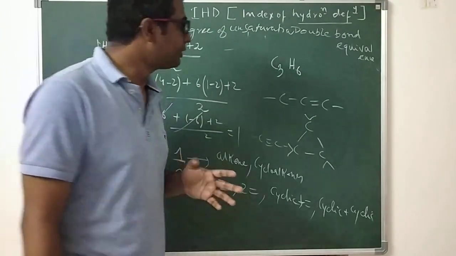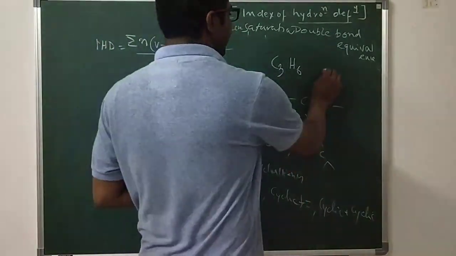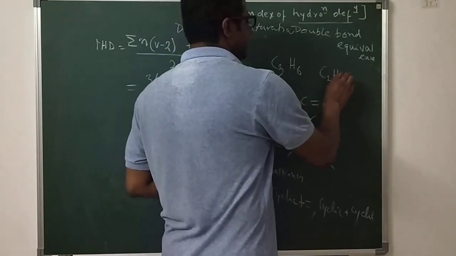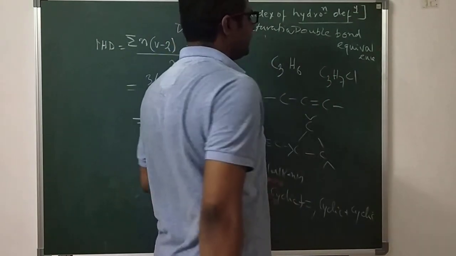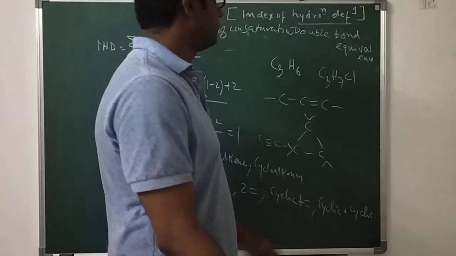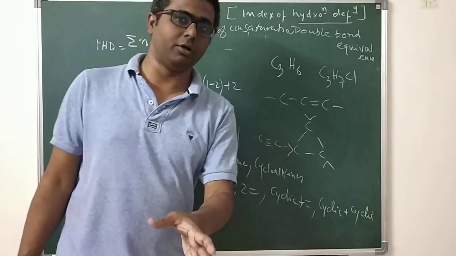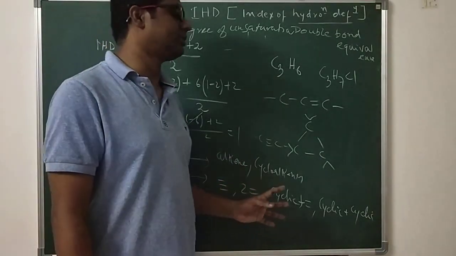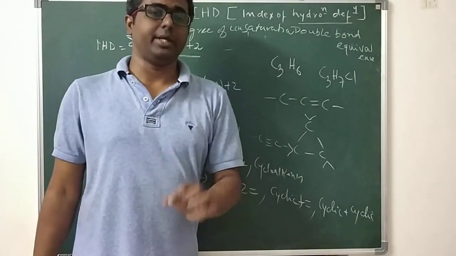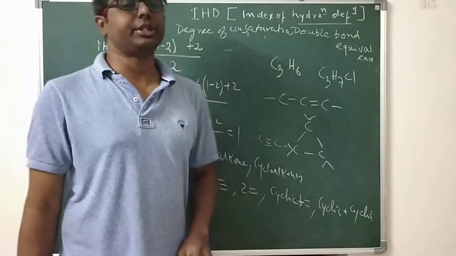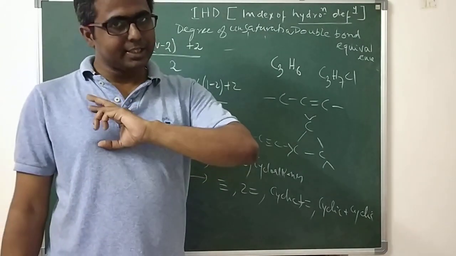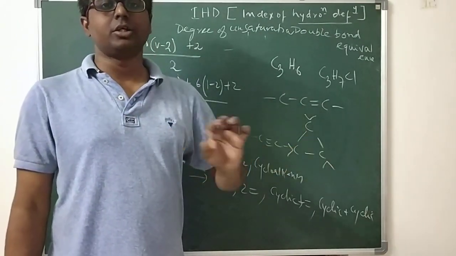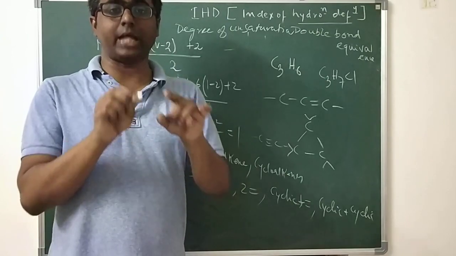Whatever is given to you. So now what we will do is try to find out a very simple compound, that is C3H7Cl. You will find out the IHD value of this and try to find out all the constitutional isomers of this one. Remember, if IHD value is 0, then it is a simple alkane, no cycloalkanes.